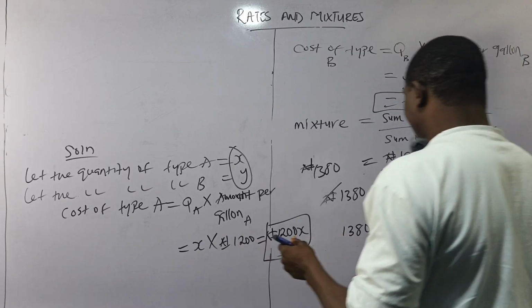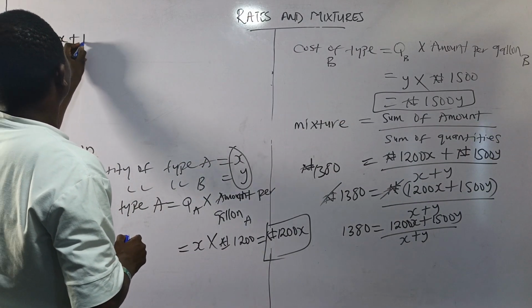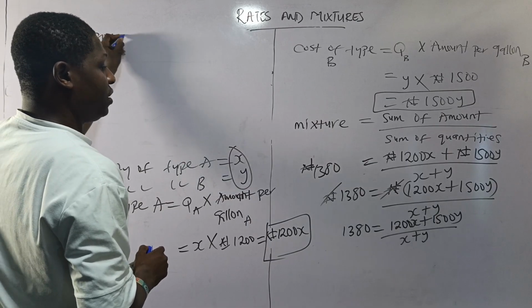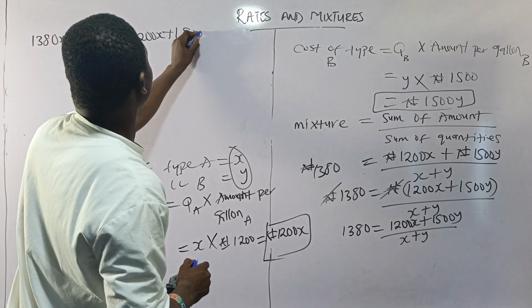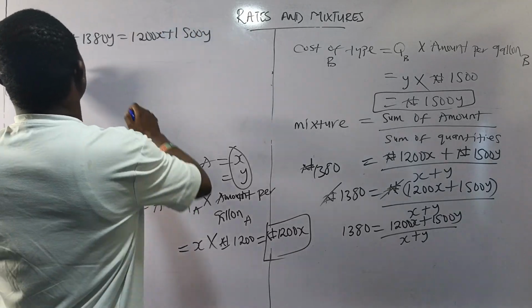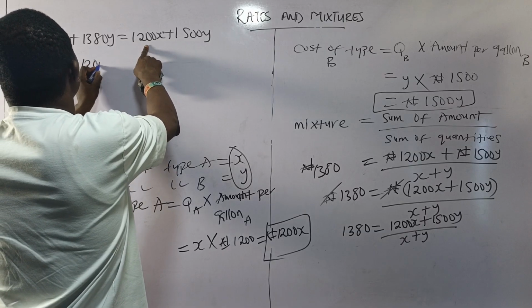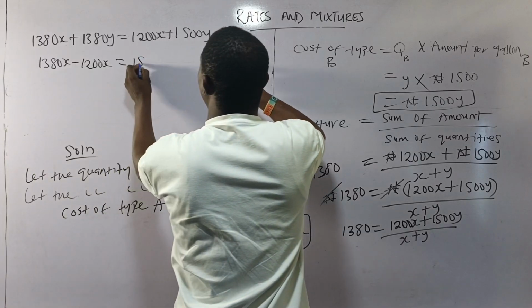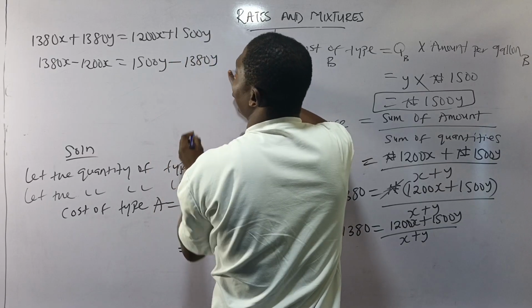Now, if we cross multiply, we simply have 1380x plus 1380y equals 1200x plus 1500y. So I can bring this x to this place to give me 1380x minus 1200x equals 1500y minus 1380y.